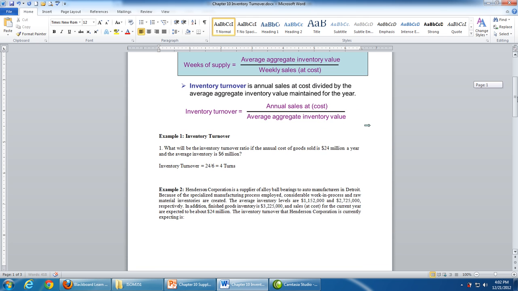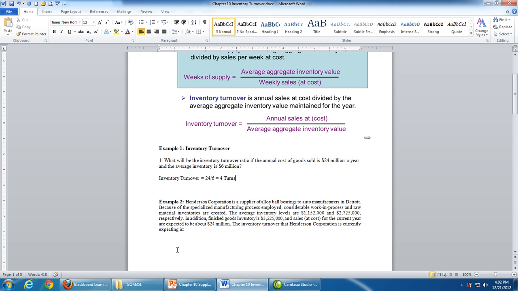Second question. Inventory turnover equals annual sale divided by average inventory, aggregate inventory. Annual sale, the organization expects to sell about 24 million, divided by average inventory.